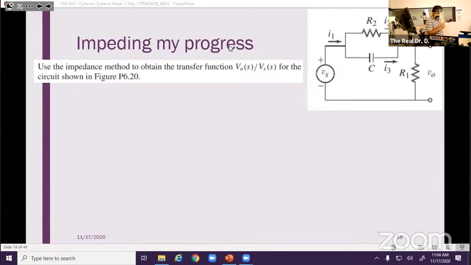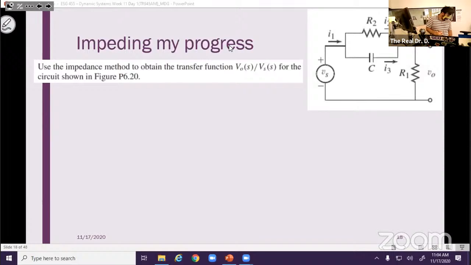And with impedance, it's actually not so bad. If we didn't use impedance, we'd have to say this is a node and that's a node, and I know the voltage drop here is the same as this one, and you have to come up with creative ways of figuring out what all these things are. But with impedance, it's a little bit cleaner.